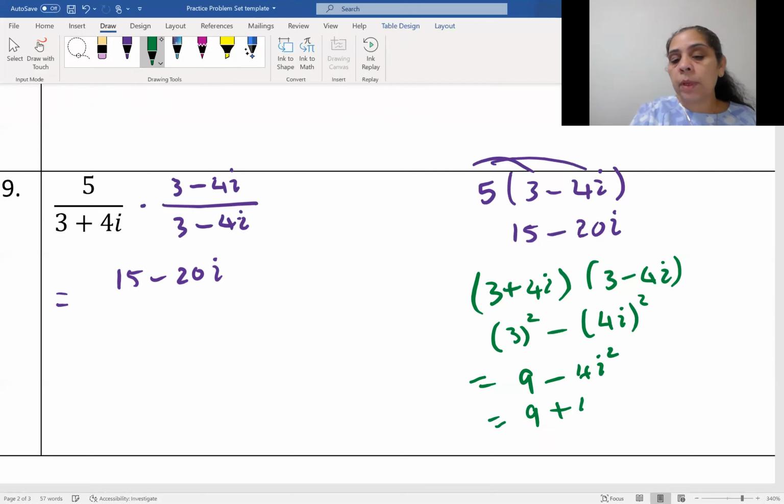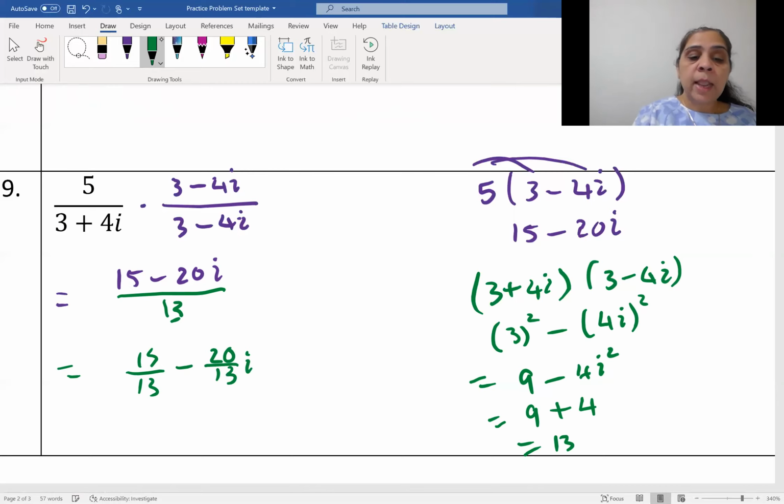And here is 13. So we can write 13 here. Now we need to write in standard form. So 15 over 13 minus 20 over 13 i. We will check that is the final answer. We have fractions, so we need to make sure, can we reduce this? We cannot reduce anymore. So that is your final answer.